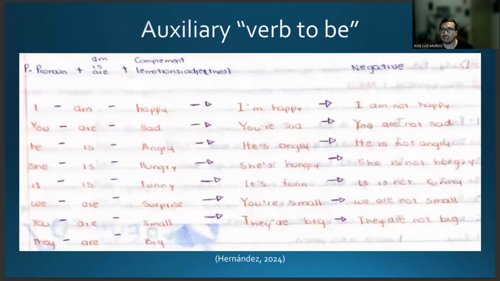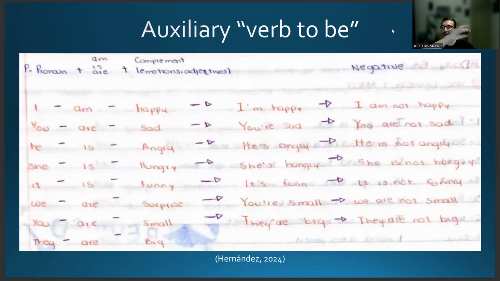Then we have another topic: the verb to be. People know what the verb to be is, but they don't know the concept. They could use this concept, but they didn't know that it's the verb to be, you know? So here you have the personal pronoun on the left side, then the verb to be, and a complement.